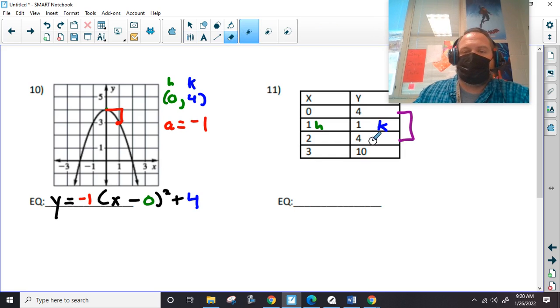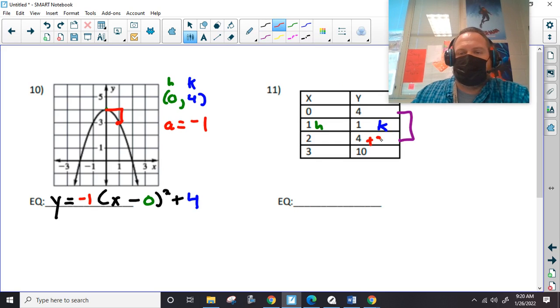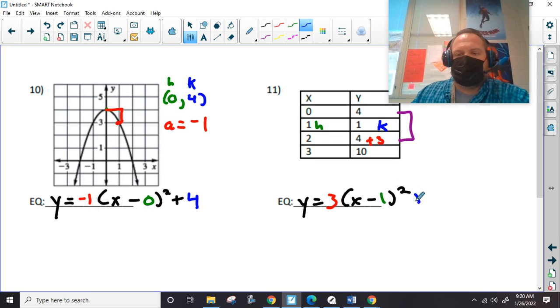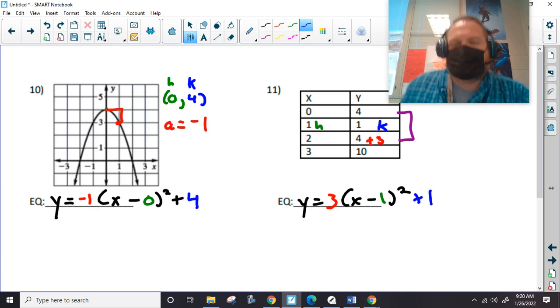That was supposed to be in red. All right, K value to the next one. We could have gone up, we could have gone down. It would have been the same thing. So 3 goes here, 1 goes here, and +1 goes here.